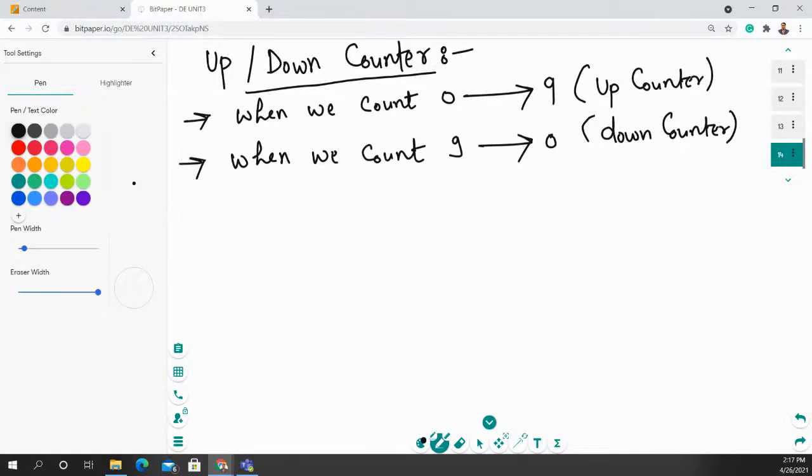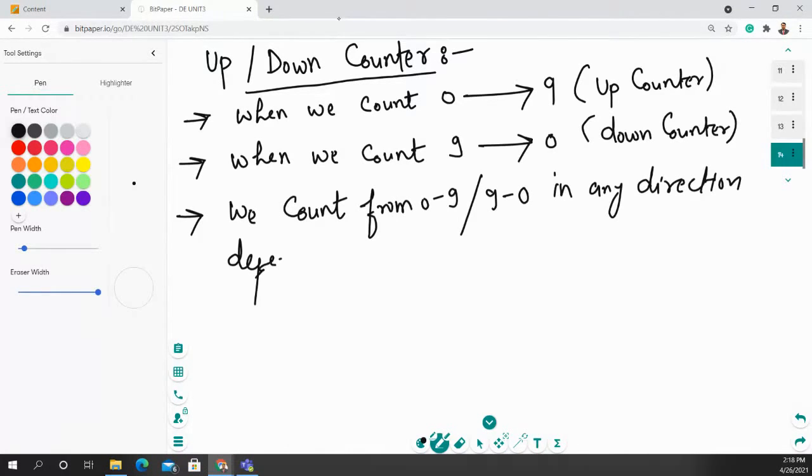Okay, clear? We can count from 0 to 9 or 9 to 0, depending upon the control input.